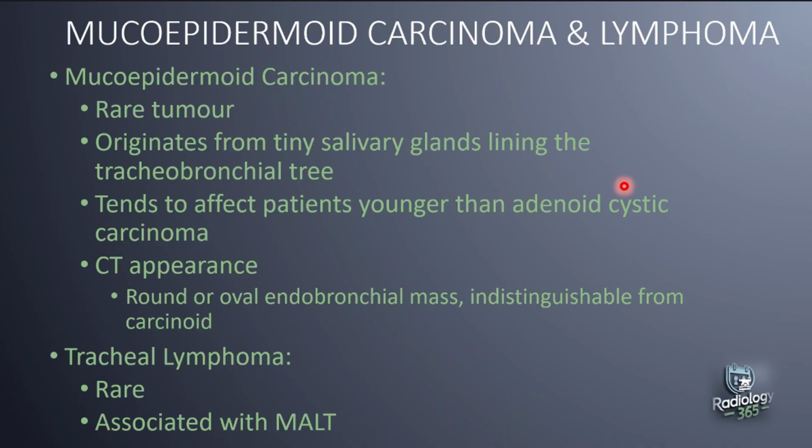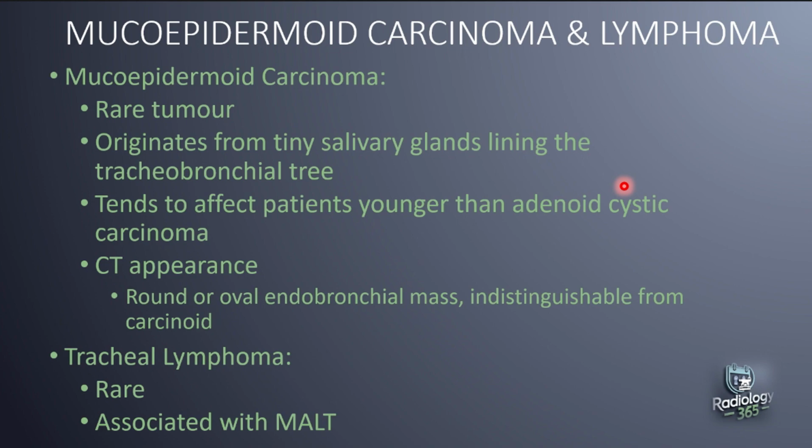So it makes sense that it's the salivary glands lining the trachea that are the source of this tumor. They tend to affect younger patients, younger than adenoid cystic carcinoma, and the CT appearance is a round or oval endobronchial mass, usually indistinguishable from carcinoid. It looks just like carcinoid.